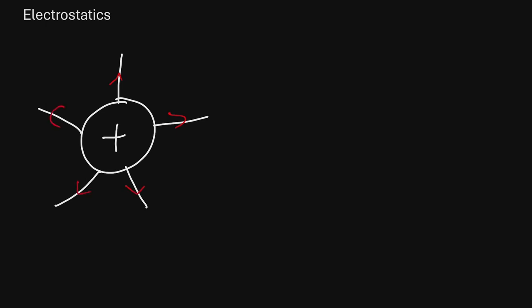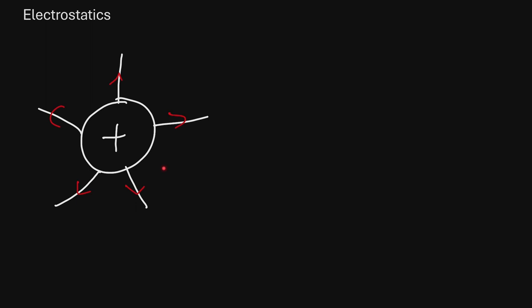This electric field is a distance or a region whereby this charge has an impact. For example, if you put your hand in this region here, you're going to experience the electrostatic of that charge, the electricity of that charge that is stationary, if you are within the electric field.